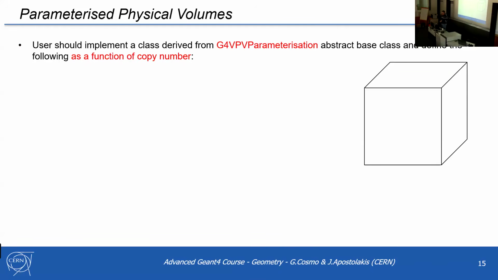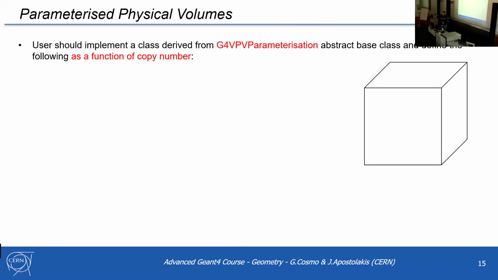So how we parameterize a physical volume. As I said, the parameterization is defined by you, who define the algorithm that implements the parameterization scheme. This is done by inheriting from the class G4VPVParameterisation, which is an abstract class.